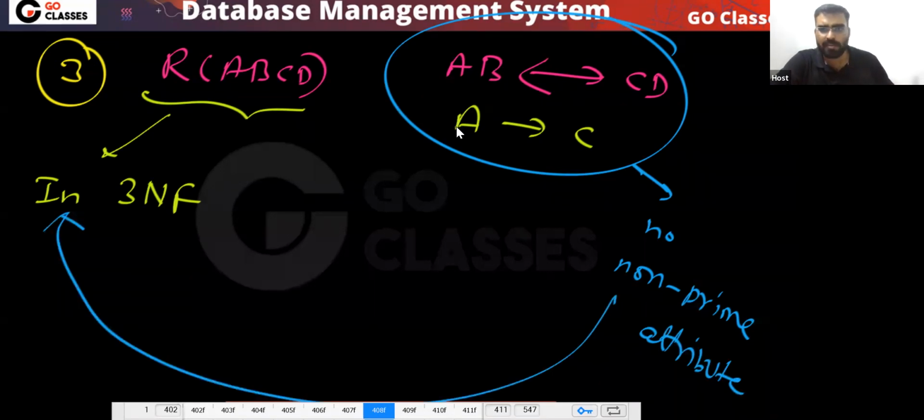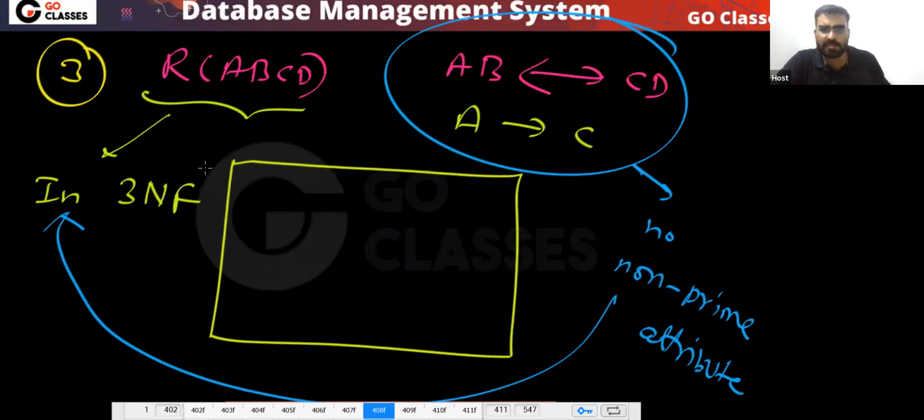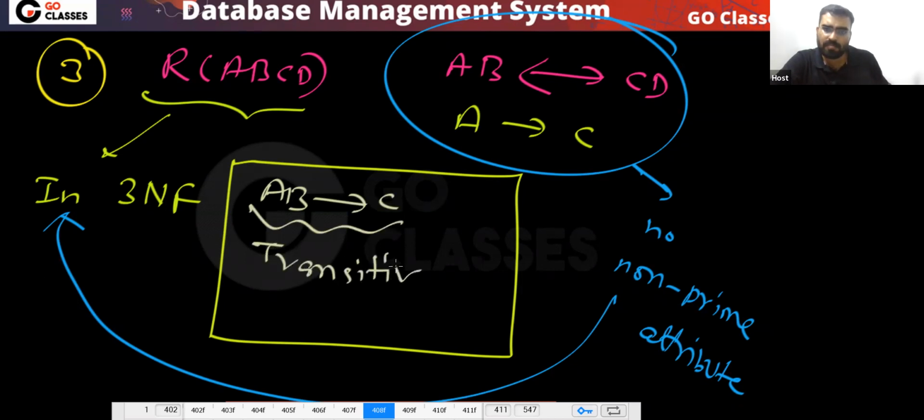Now you tell me, do we have transitive dependency? Yes, this is the transitive dependency. AB determining C is your transitive dependency. Notice, why is this transitive dependency?